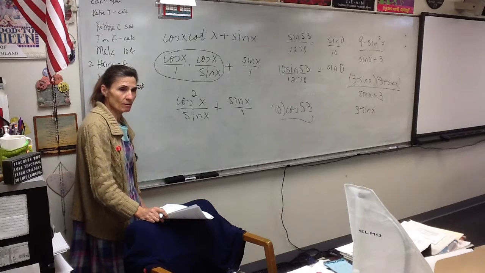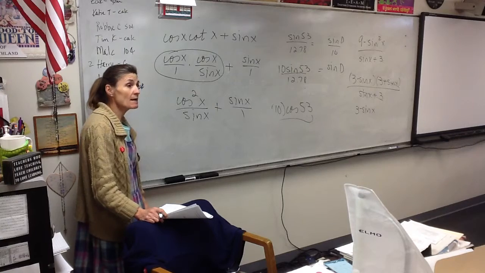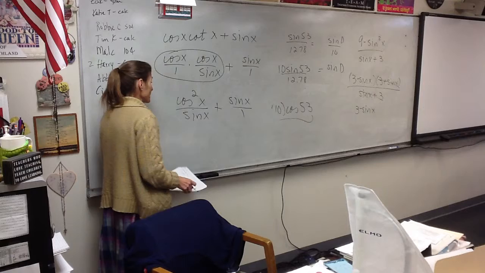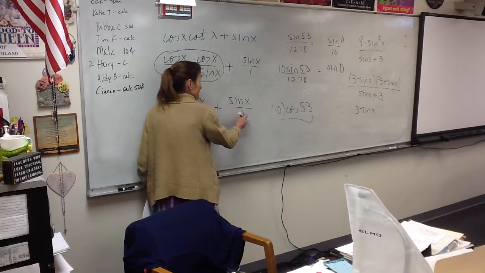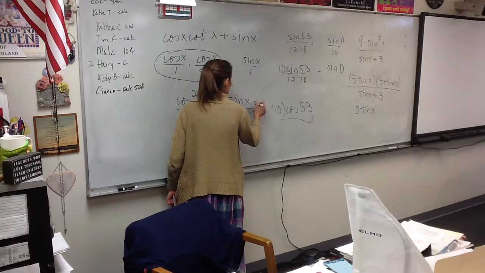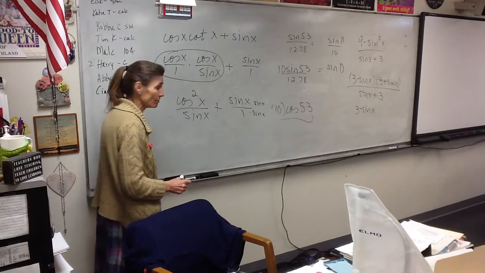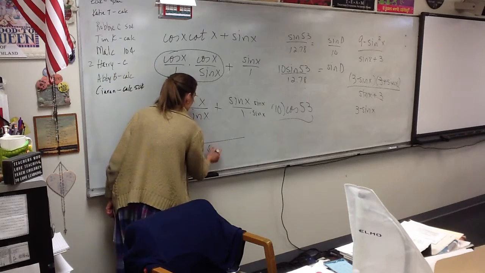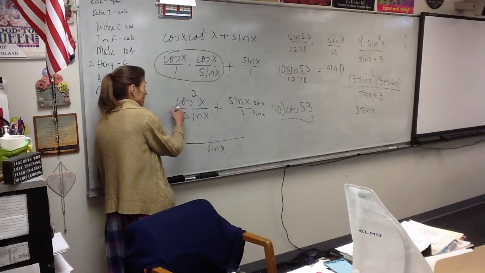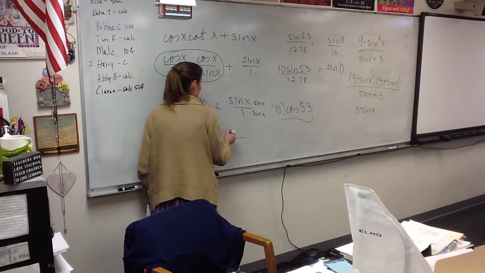What do I need to do now? Find a common denominator, Bryce. You're exactly right. I am adding fractions. And if I am adding fractions, I need a common denominator. This one needs to have a sine, doesn't it? So if I multiply top and bottom by sine, so that it has a common denominator, the denominator is sine. What's in the numerator now? Cosine squared plus sine squared, oh my gosh.